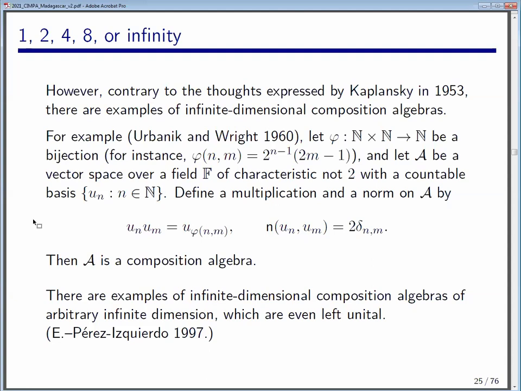There are even composition algebras which are not unital, but have a unity on the left. So there is one element that multiplied on the left by any other element gives this other element. So it's the unity only on one side. The left multiplication by this element is the unity. So even imposing one-sided identity element, you can get many examples.